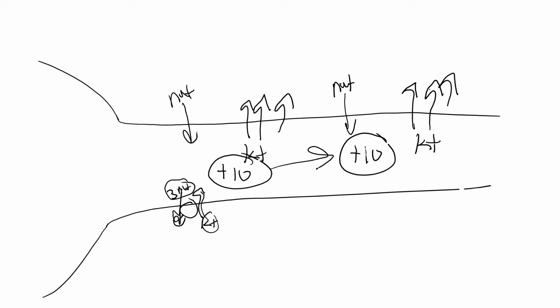And as potassium leaves at a greater rate than sodium enters, this region is again losing more positively charged ions than it's gaining. So the interior is going to begin to become negative. Let's say that it goes down to negative 20. I don't know. It repolarizes by 30 more millivolts. It becomes 30 millivolts more negative.